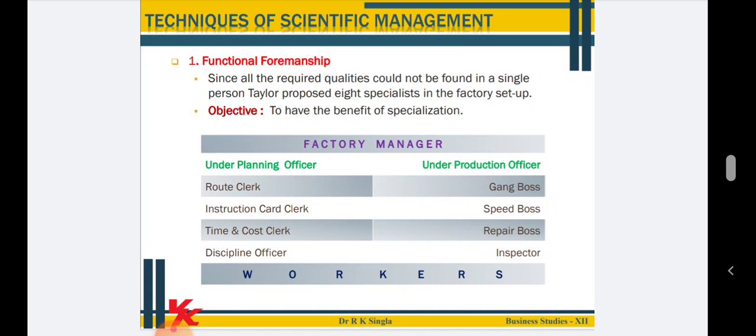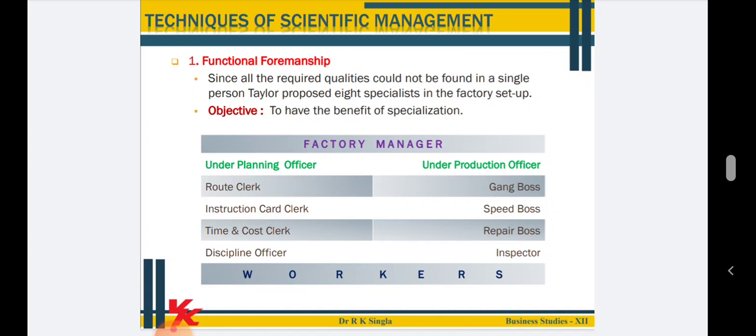Under planning, there are 4 bosses named route clerk, instruction card clerk, time and cost clerk, and discipline officer. Under production, there are 4 bosses: gang boss, speed boss, repair boss, and inspector.